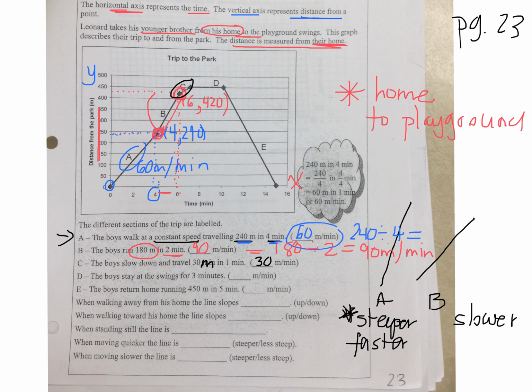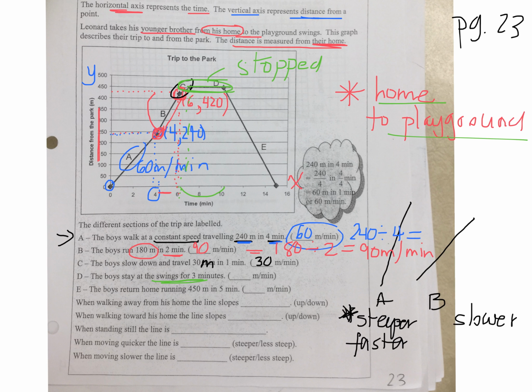Slower, good. Now, this section, it's a horizontal line, it's flat. What's happening? They're stopped. Where are they? They're at the park. Exactly. They're at the playground. The whole point of this trip was going from their home to the playground.